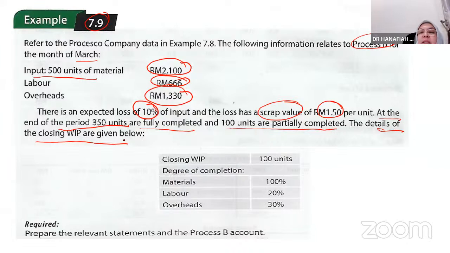In process B, we are going to have 100 units closing work in progress. The degree of completion for those 100 units is material 100%, labor 20% complete, overhead 30% complete. So prepare the relevant statements. Again, for this one, you have to prepare the three statements, and the process B account.